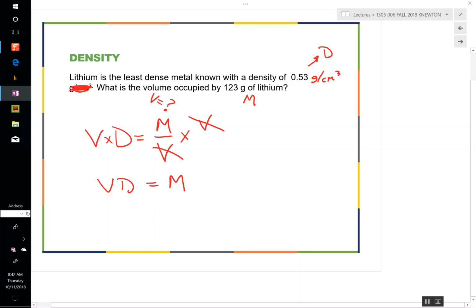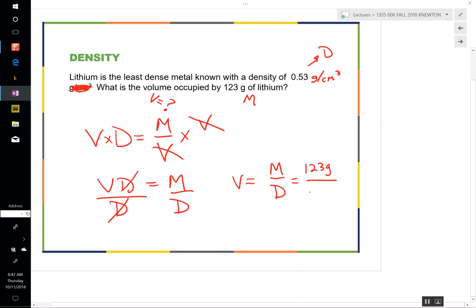I want v all by itself. So I'm going to divide that side of the equation by d, which means I have to divide that side of the equation by d. And I end up with v equals m over d. Now I'm ready to do the problem. Put the mass in here. Put the density in there.